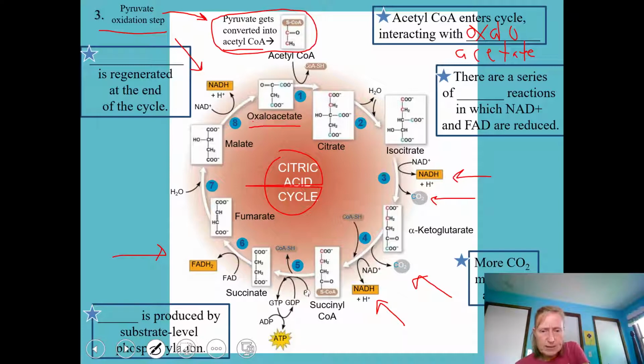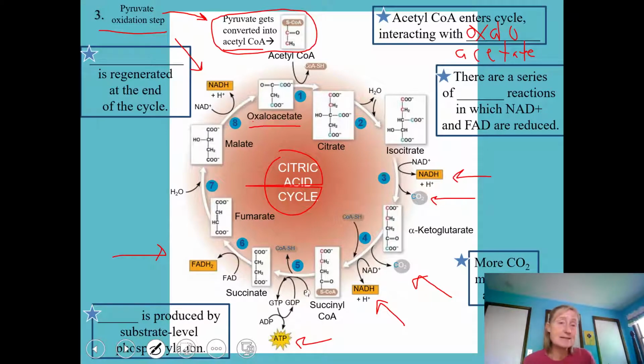In one of the steps down here, we're also seeing ATP being made by essentially the transfer of a phosphate group from molecule to molecule, and finally this phosphate group arrives at ATP. Wow.